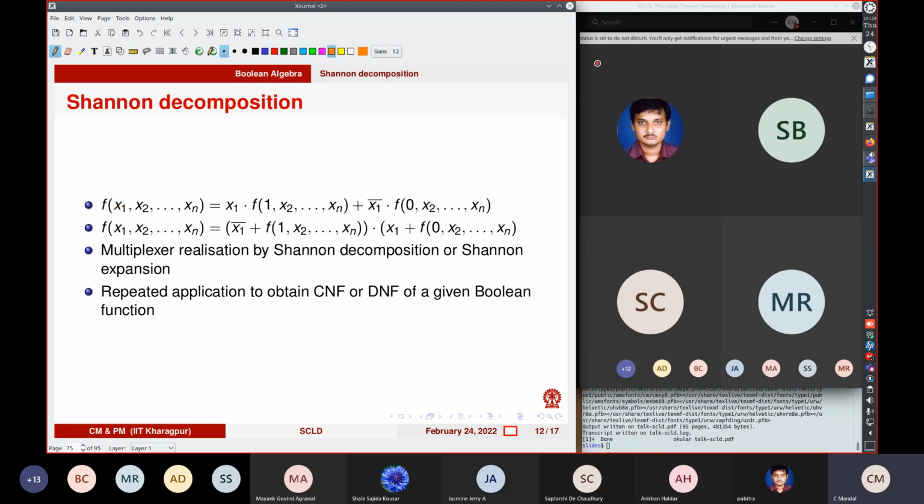We have already seen some examples of Shannon decomposition.